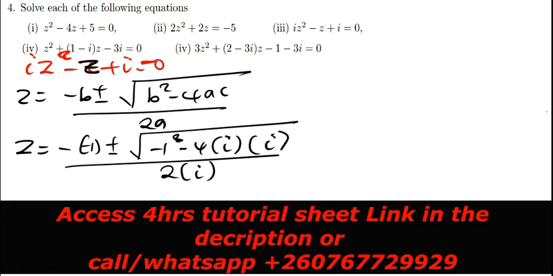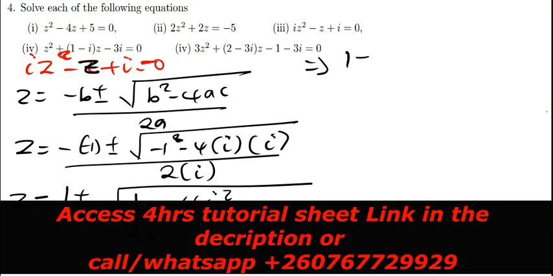The next thing I'm going to do is z will be equal to negative will cancel. I'll have plus or minus the square root of negative 1 squared is 1. Then minus, here I'll have i times i is i squared, so I'll have 4i squared. I divide everything by 2i. Okay, I'll continue from here.